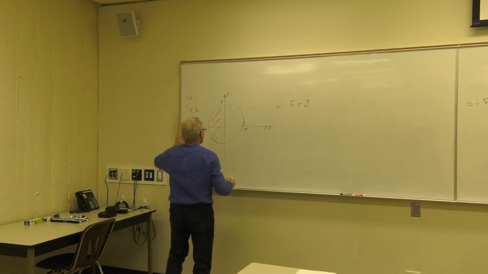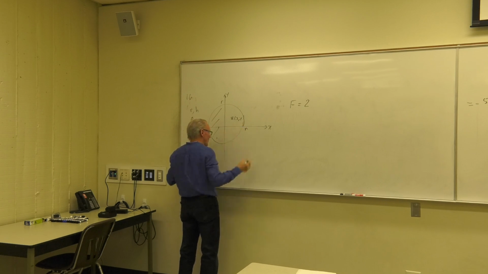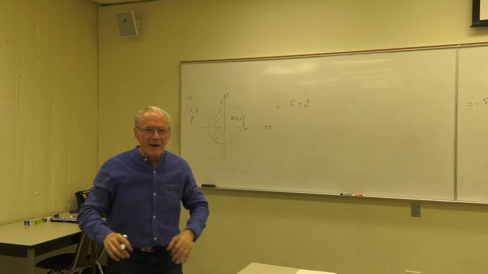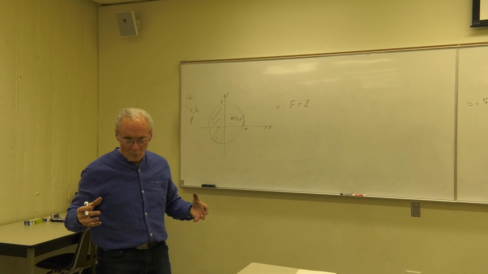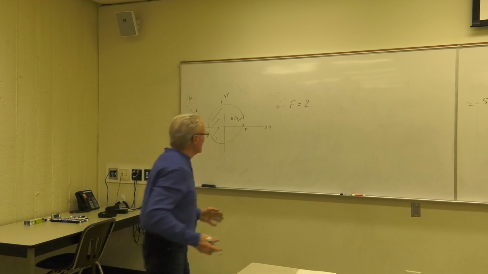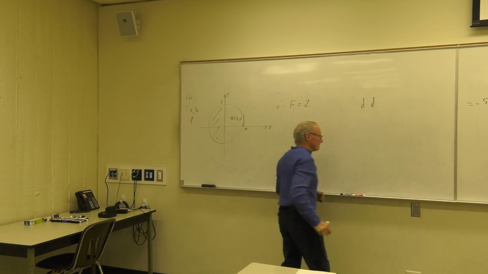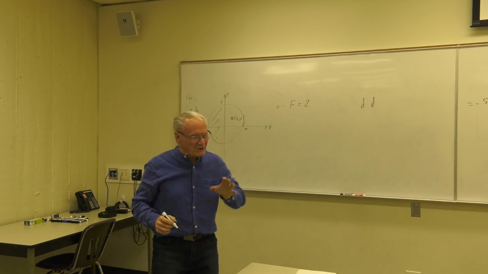What are we going to do? We're going to divide this plate up into teensy-weensy rectangles, at point x and y, of dimensions dx and dy. We'll calculate the force on that little rectangle due to the fluid pressure, and then we'll add over all of the rectangles, okay? Force on the rectangle: area, dx dy, must be multiplied by pressure.